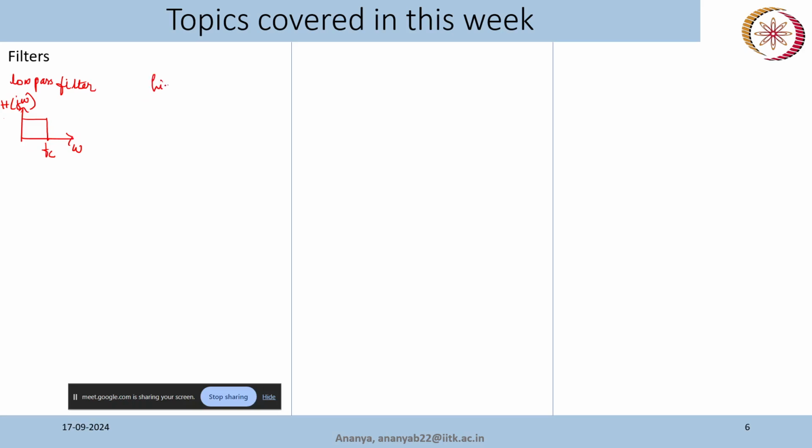For high pass filter, the response is kind of opposite, so this is H j omega and this is omega, so the response is something like this. This is the cutoff frequency. Another is band pass filter.